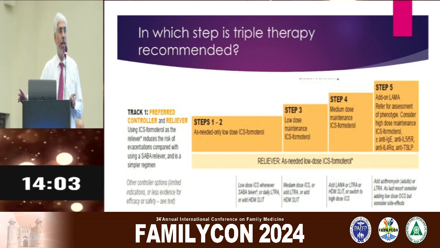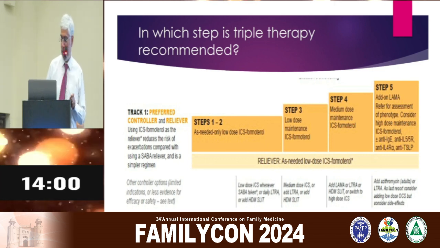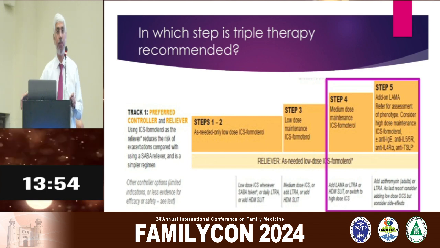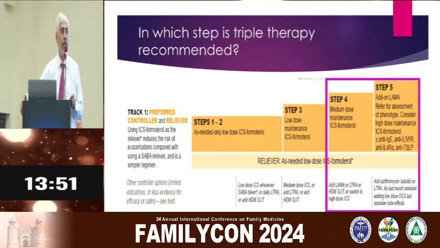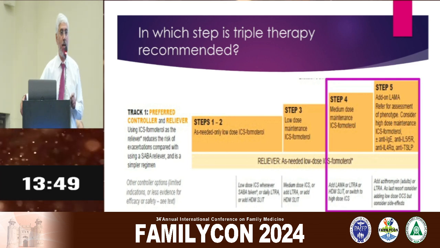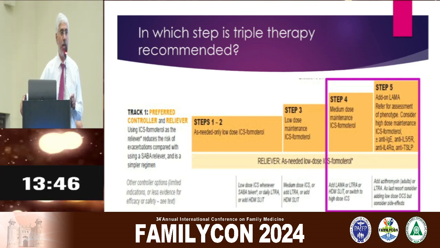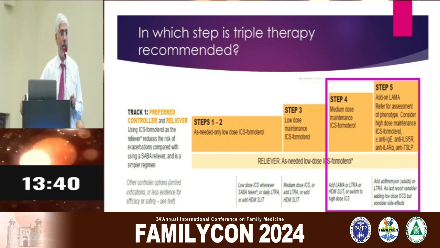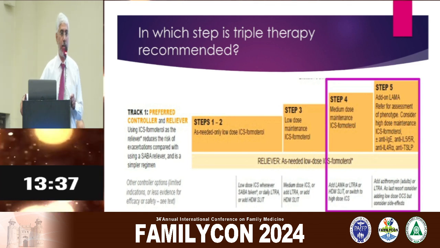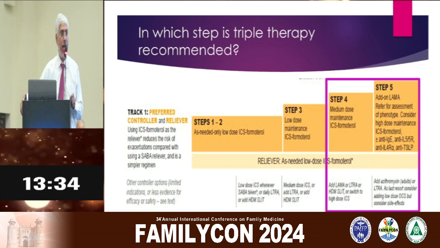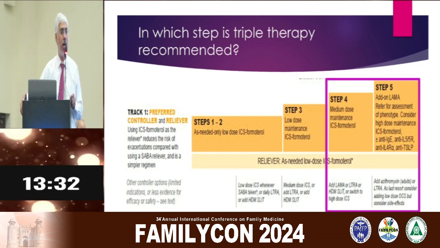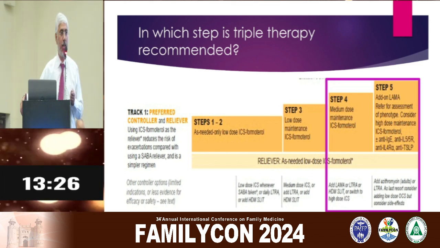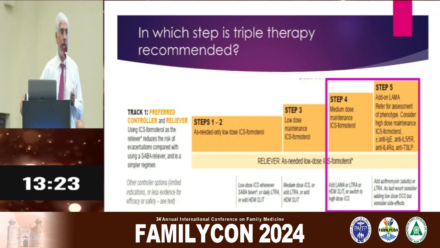But in step 4 and particularly in step 5, if the patient's symptoms are not relieved by using inhaled steroids, adding leukotriene receptor antagonist and other bronchodilators, you may add in this patient LAMA or triple therapy, which is a combination of LABA, inhaled steroid, and LAMA, long-acting muscarinic agents.